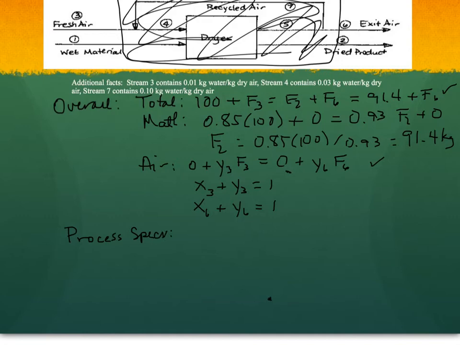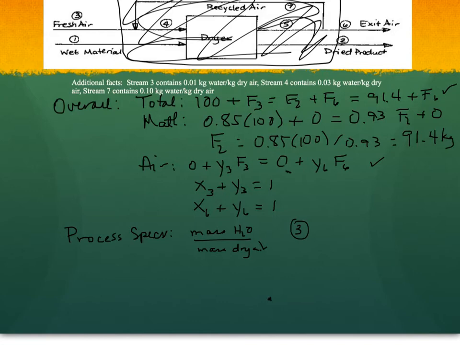Well, the process spec is the mass of water divided by the mass of dry air in any particular stream. If I did this for stream 3, let's just multiply by the flow rate.